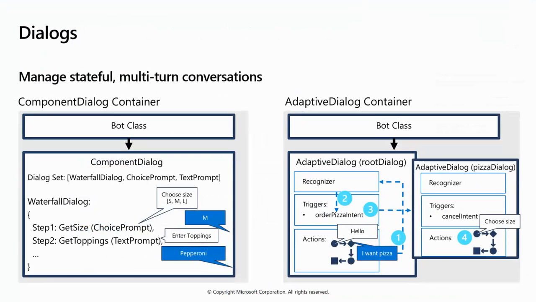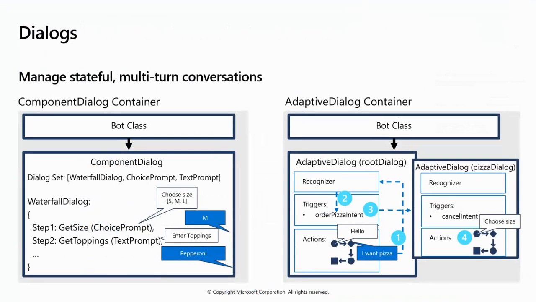For example, for the pizza ordering bot, this can start with a root dialogue that simply welcomes the user. When a user types a message saying they want to order a pizza, the recognizer picks up on this and uses a trigger to start another dialogue with the flow of actions needed to get information about the pizza order.